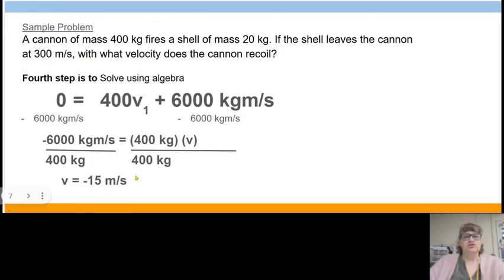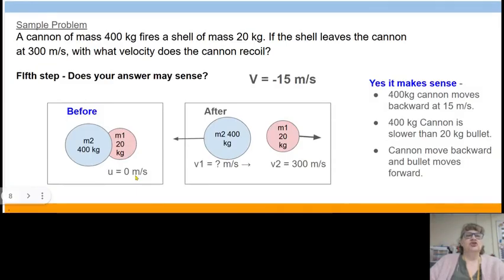Okay. So what is this telling us? Does the answer make sense? We have a negative 15 meters per second. So the 400 kilogram cannon moves backward at 15 meters per second. That's what the negative sign means. So that makes sense, right?